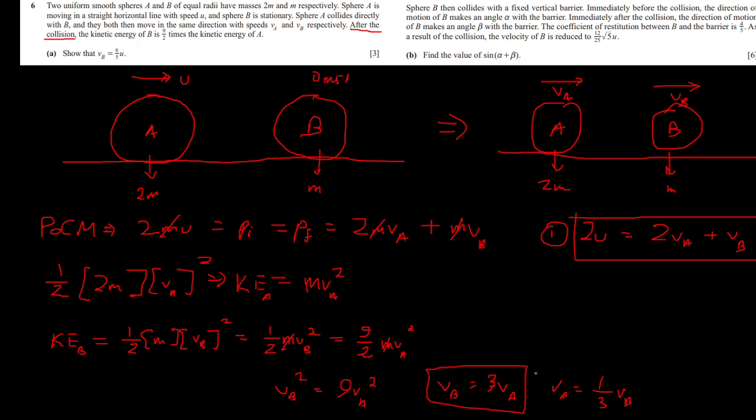So with that being said, we can use this in our initial formula over here. So we get 2u equals 2 by 3 VB plus VB, that's equal to 5 by 3 VB. Okay, that's equal to 2u. So now we multiply 3 by 5 on both sides, and we get VB equals 6 by 5u. That's how you'd solve the first part. Okay, now VB equals 6 by 5u.